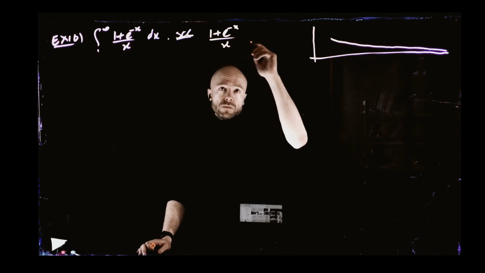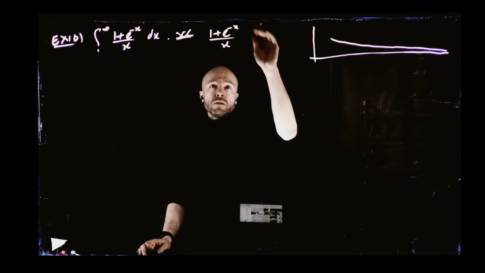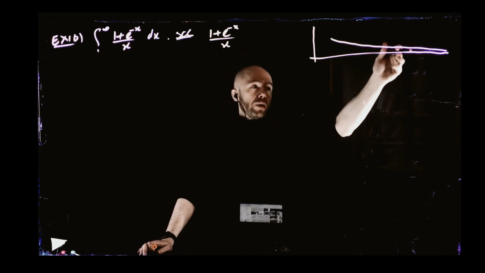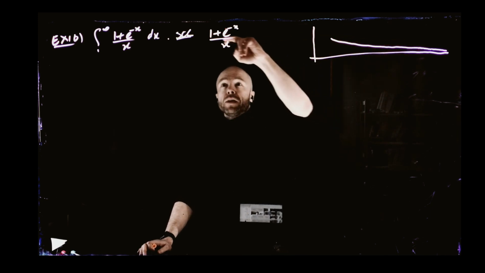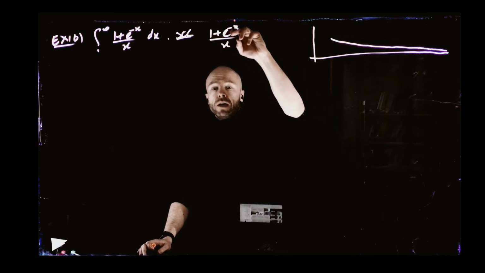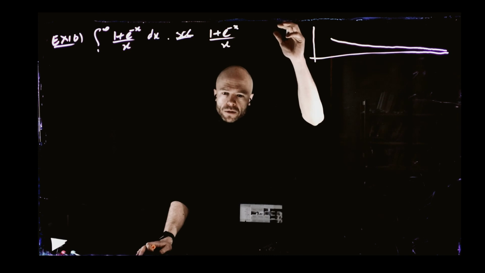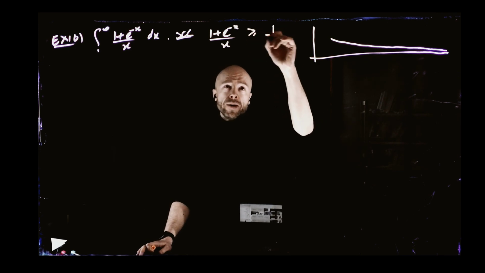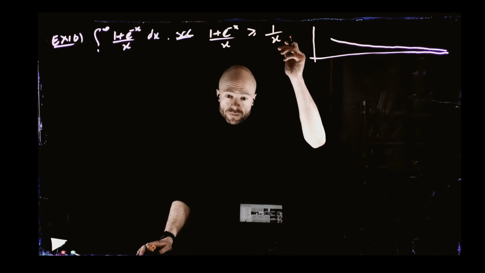So if we look at this thing, for x bigger than whatever, 100, then this is between 1 and e to the minus 100, which is incredibly small, right? And in particular, it's always going to be bigger than 1 over e to the x.